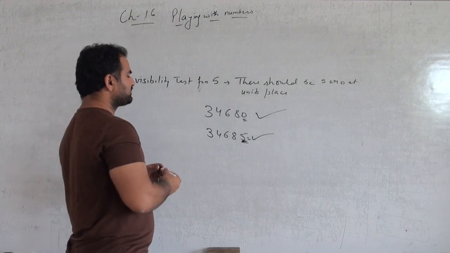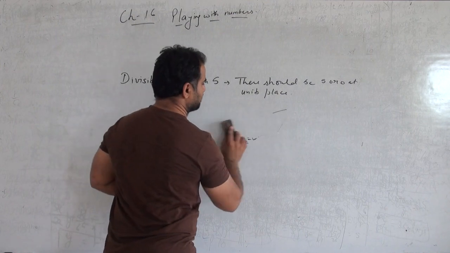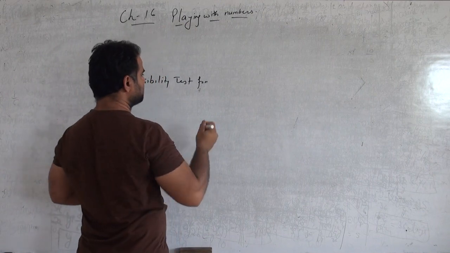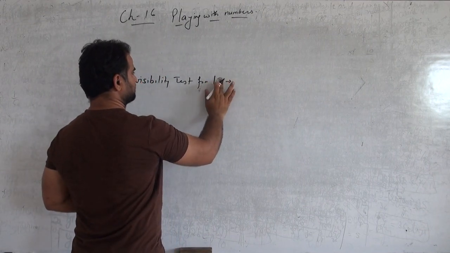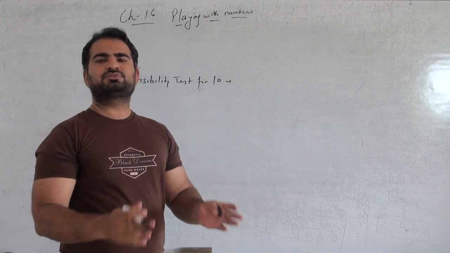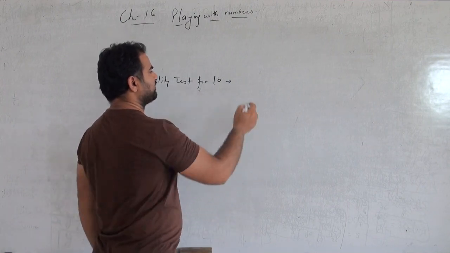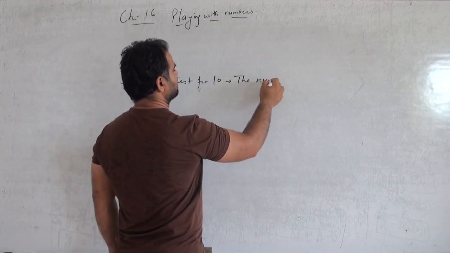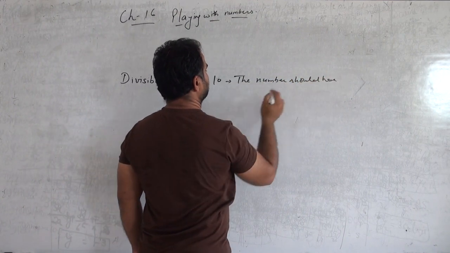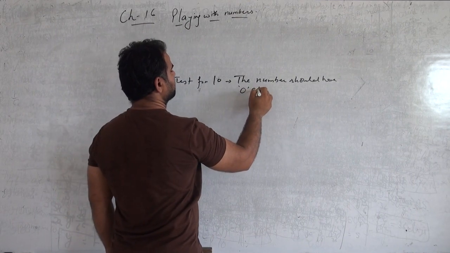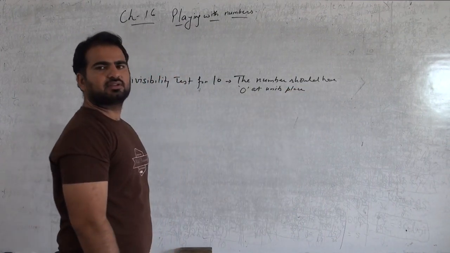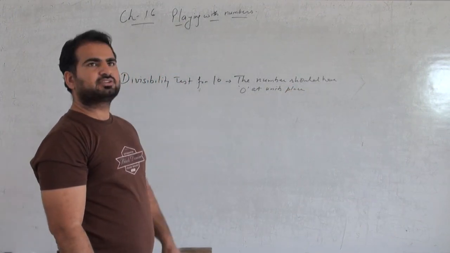What about the divisibility test of 10? Okay, so it is easier than 5. The number should end with a 0, that is, have 0 at its units place.